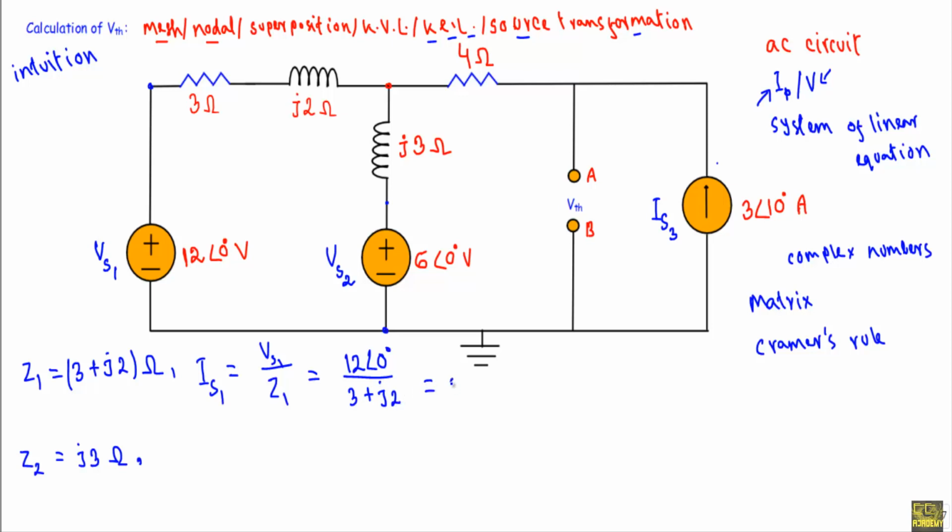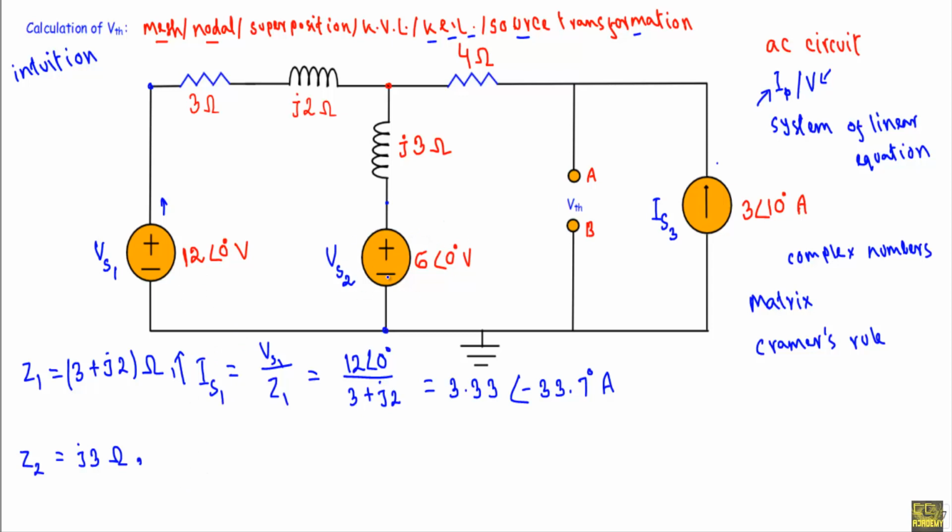IS1 is equal to 3.33 with phase angle minus 33.7 degree ampere. Okay, what will be the direction of this IS1? See, VS1 has positive terminal in upward direction and negative terminal in downward direction. So VS1 should supply current in this direction. To maintain the same current direction, the direction of IS1 will be in upward direction.